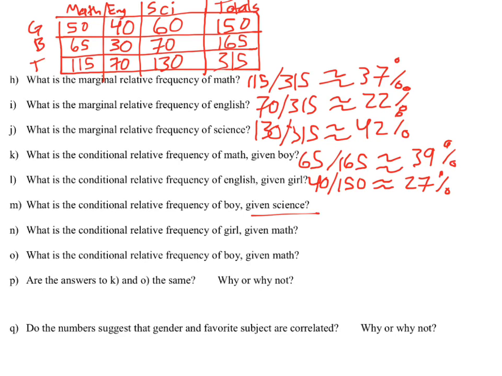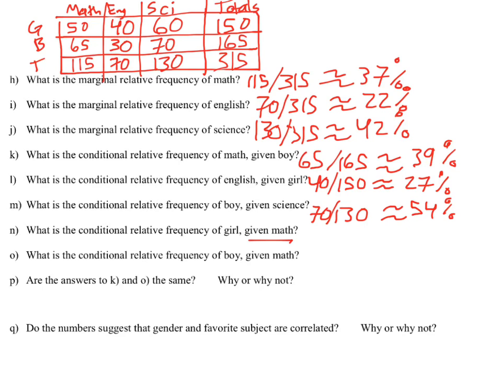And then given science, so out of all the science people, how many of them are boys? That's what that one's asking. So there's 130 that like science, and 70 of them are boys. So you do 70 divided by 130, you'll get 54%.